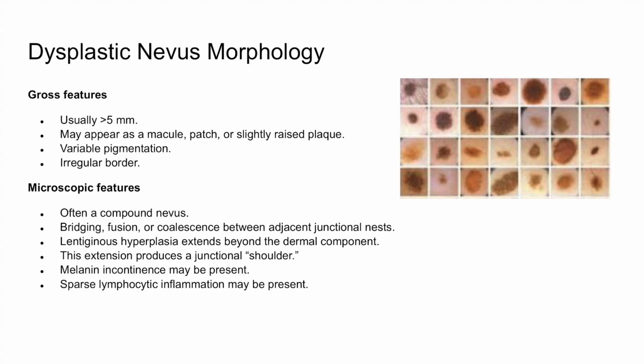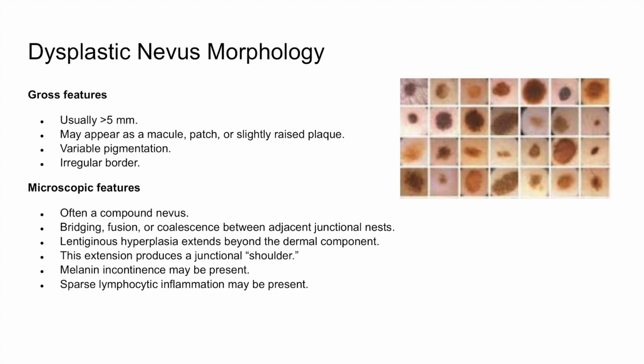raised. Compared with a common nevus, it is more likely to have an irregular border and variable pigmentation, which can make it clinically resemble melanoma. Microscopically, it is often a compound nevus with architectural disorder. Junctional melanocytic nests may bridge or fuse across adjacent rete ridges, while lentiginous melanocytic proliferation extends beyond the underlying dermal component.